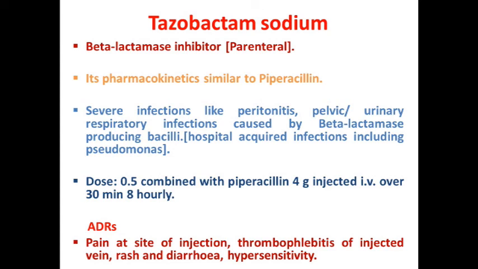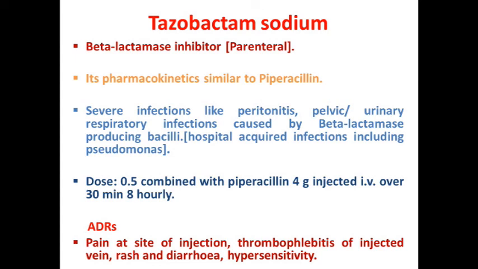It's used for very severe infections like peritonitis, pelvic infections, urinary tract infections, respiratory tract infections by beta lactamase producing bacilli, especially hospital acquired, including Pseudomonas. So I said to you, higher order, hospital acquired, resistant cases, Pseudomonas. So sulbactam and Tazobactam are the ones which you want to use, and not something like Amoxiclav for this kind of nasty infections.